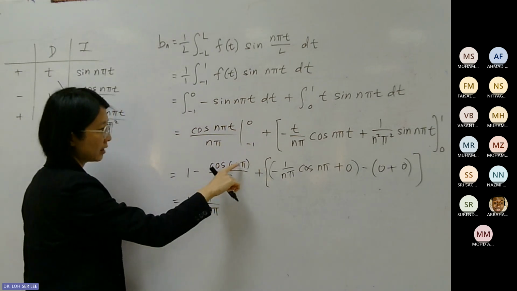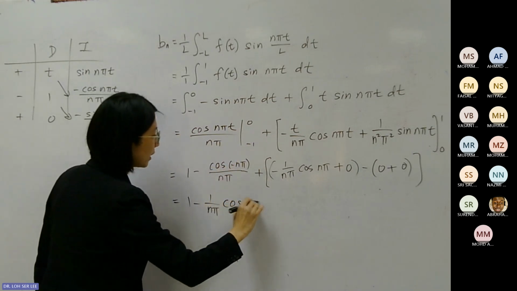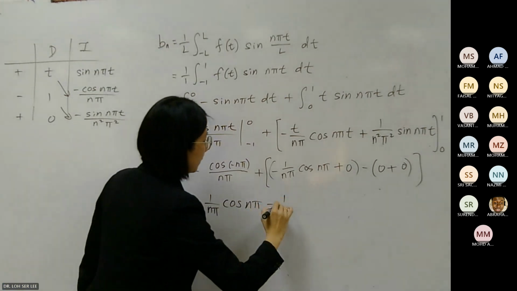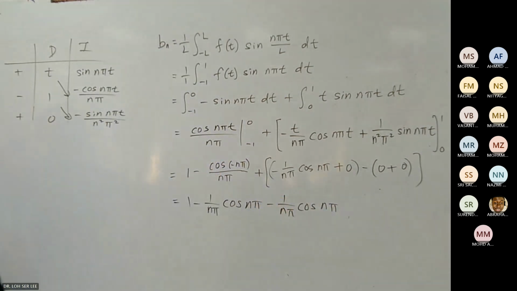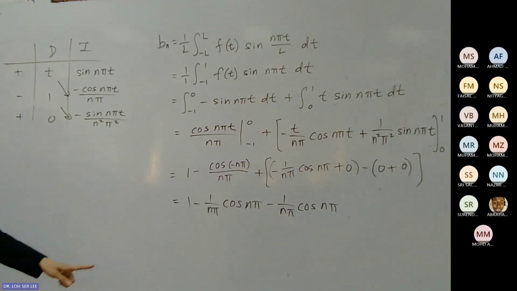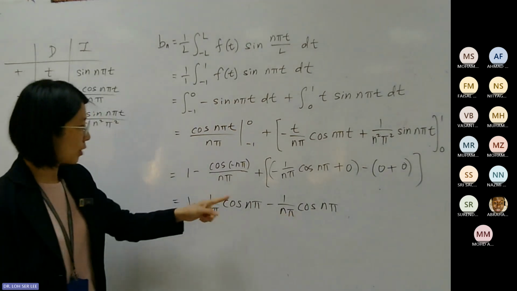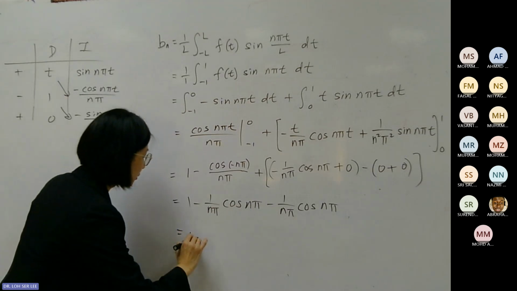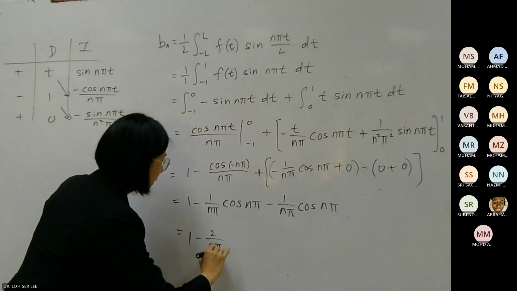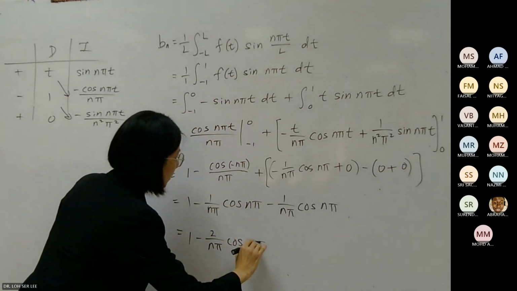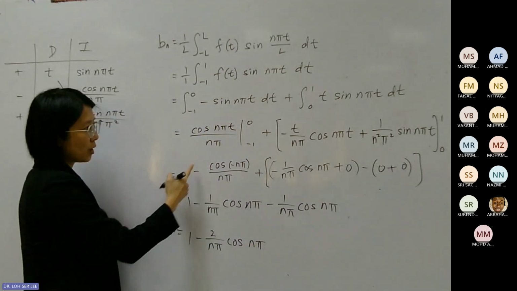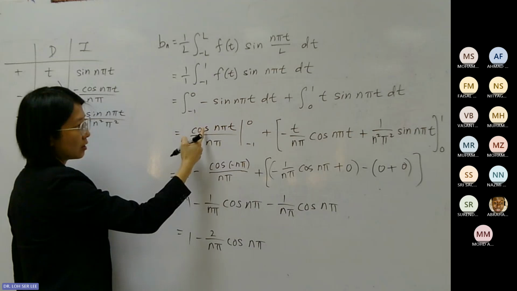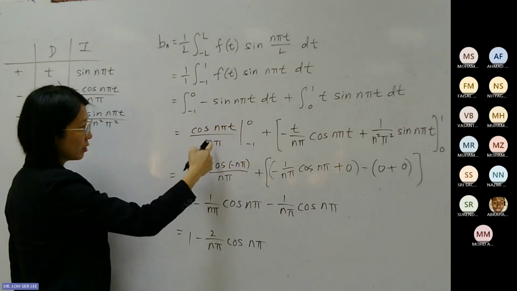Okay, now cos negative n pi, you can write cos n pi. Two same functions. So negative 1, you get negative 2. Oh, sorry, this one, when t is 0, you have cos 0 is 1 over n pi.